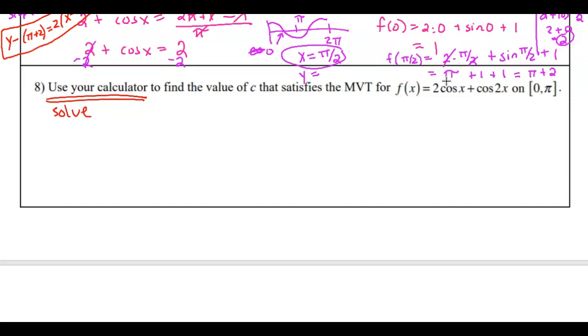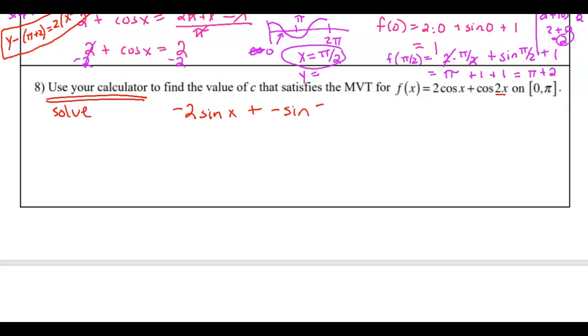We don't really have to guarantee it, but cosine's continuous. The derivatives are sines. Sines are continuous, so it's differentiable. So we've got f prime, which our derivative is, the derivative of cosine is negative sine, so negative 2 sine. And then the derivative of cosine is negative sine.